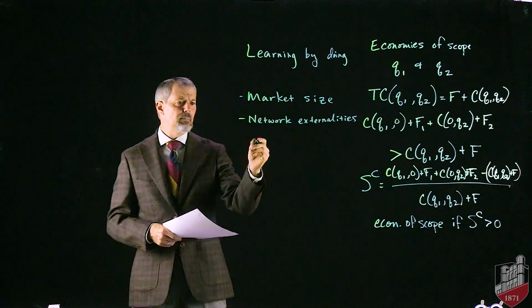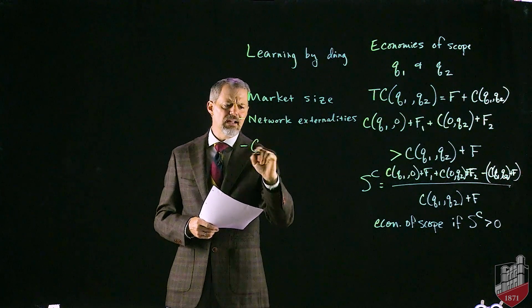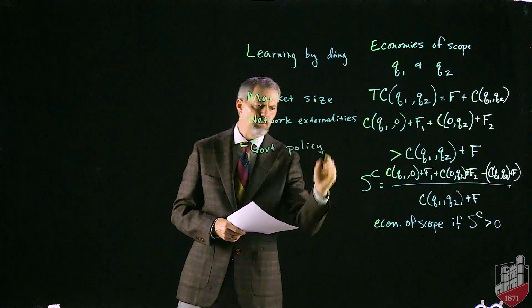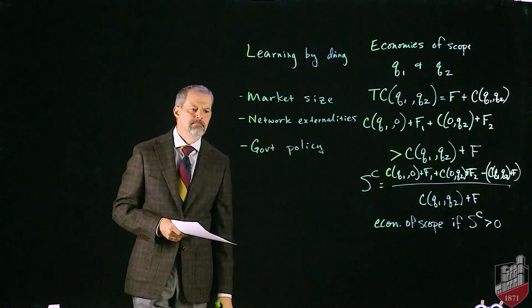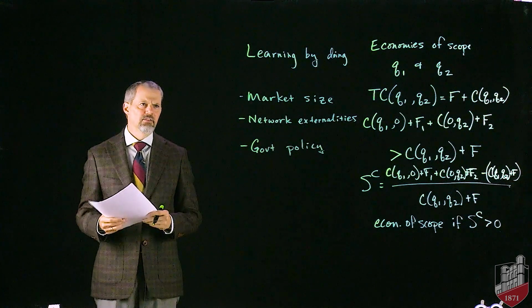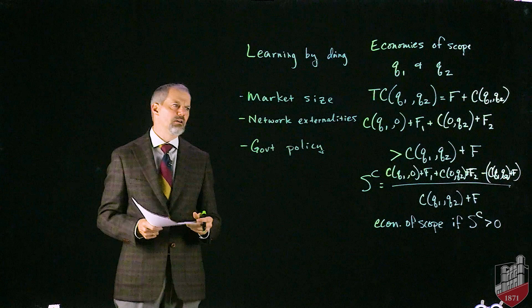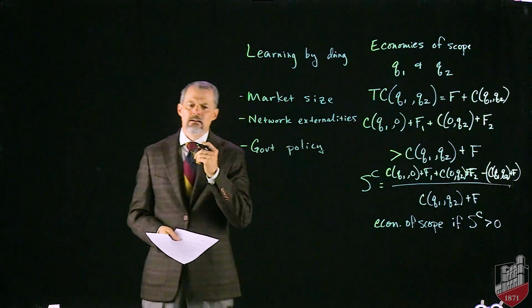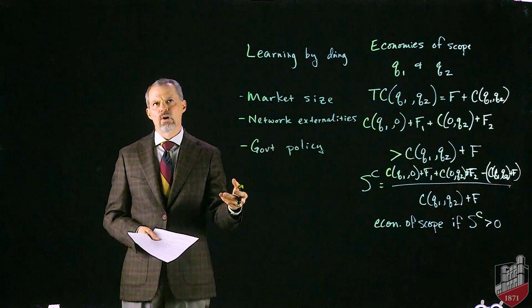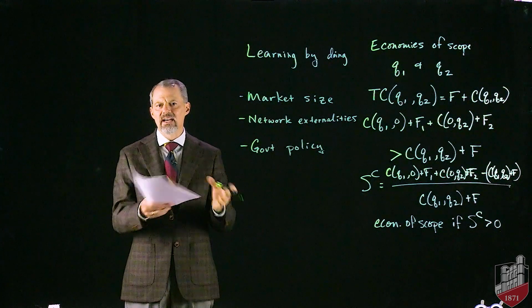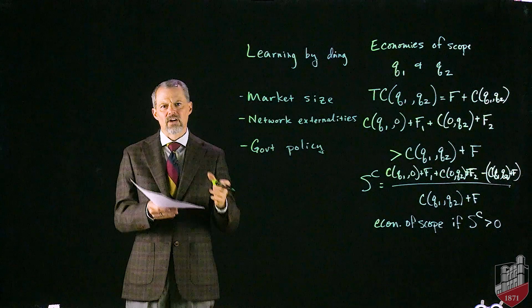We can also think about government policy. Government policy can have very important impacts on how concentrated a market is. An example might be that in lots of markets, taxi cabs have to have a license or a medallion to operate.